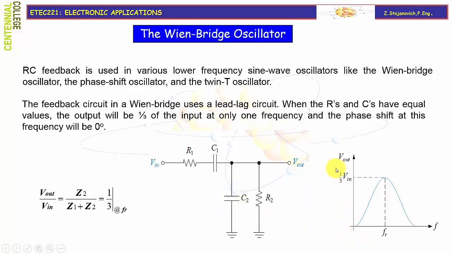This plot shows the output voltage as a function of frequency, and it clearly indicates one frequency, call it FR, for which the output voltage will be exactly 1/3 of the input voltage. This circuitry is used as the feedback circuit in the Wien bridge oscillator.